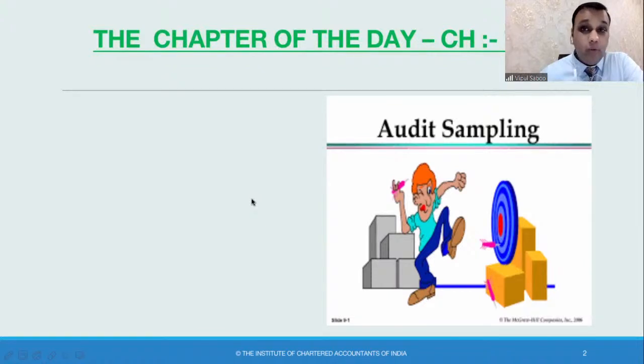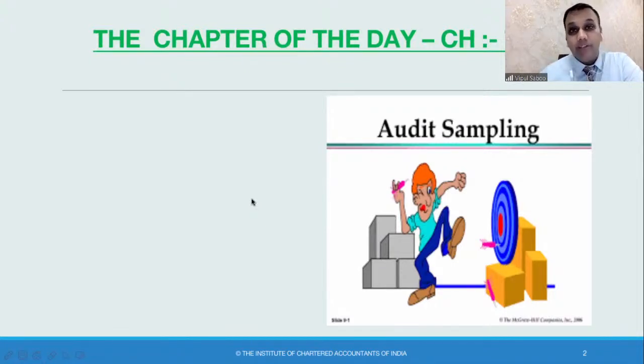Is it mandatory to use this particular technique or method? How far, to what extent can we use this technique? What would be the methods? How to apply those methods? What would be the results? How to document those results? How to report upon those results? That is what this chapter 7 tells us about.